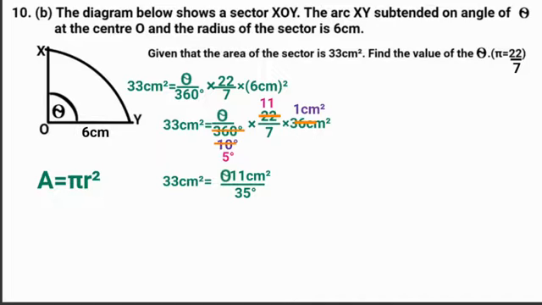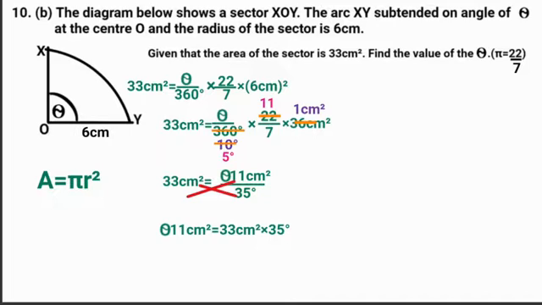Once I've done this, the next thing I'm going to do is cross multiply. That means I'm going to have theta 11 centimeter squared is equal to 33 centimeter squared times 35 degrees.